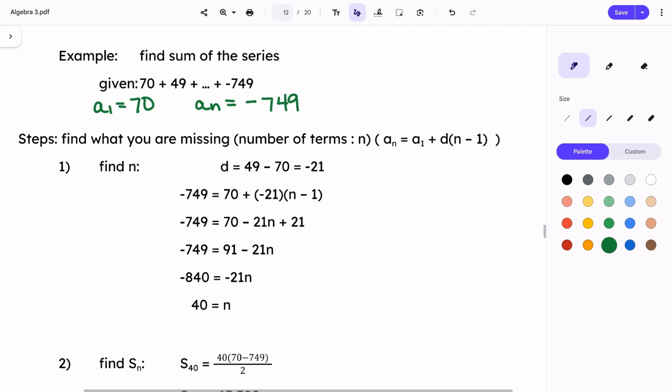If they're going down, it looks like 70 minus 21. Anyone have an idea how many terms there would be there? No? How would you figure that out if you didn't know?